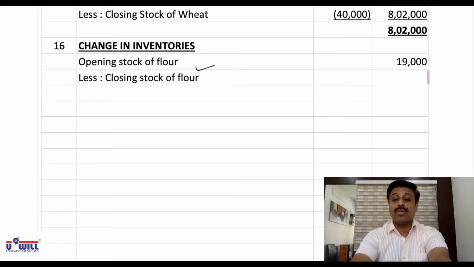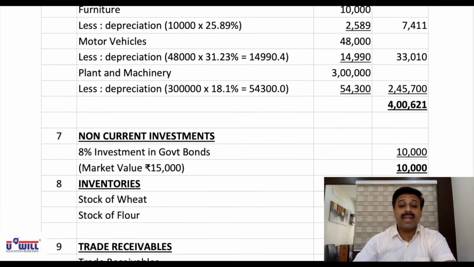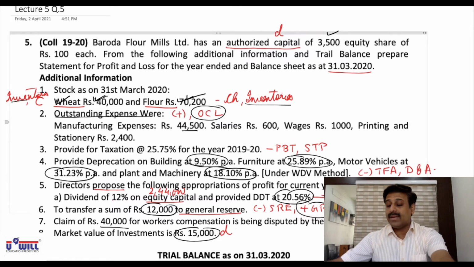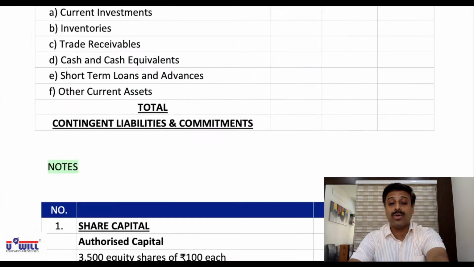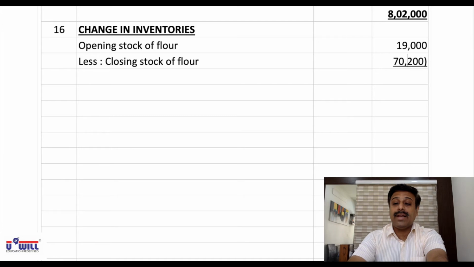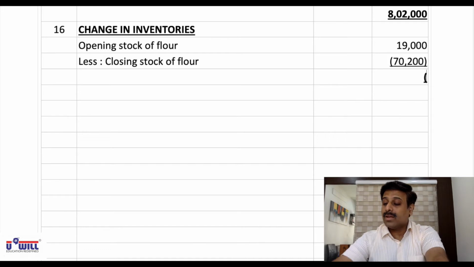Closing stock of flour, as per adjustment 1, is 70,200. That will come in change in inventories. Now if you minus that, 19,000 minus 70,200, we'll get the negative figure of 51,200.